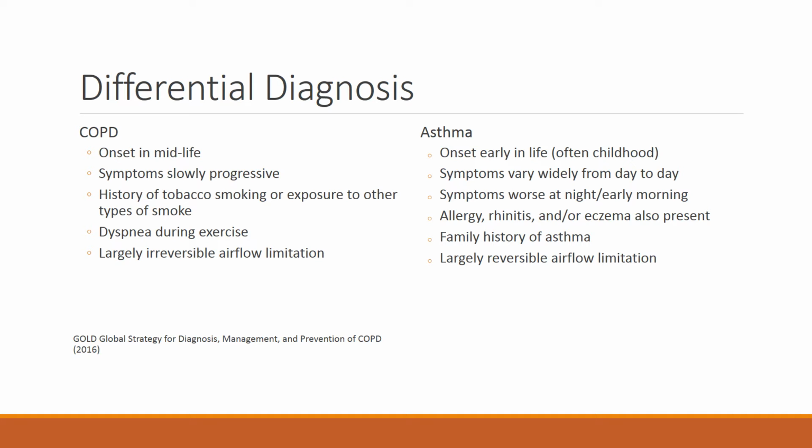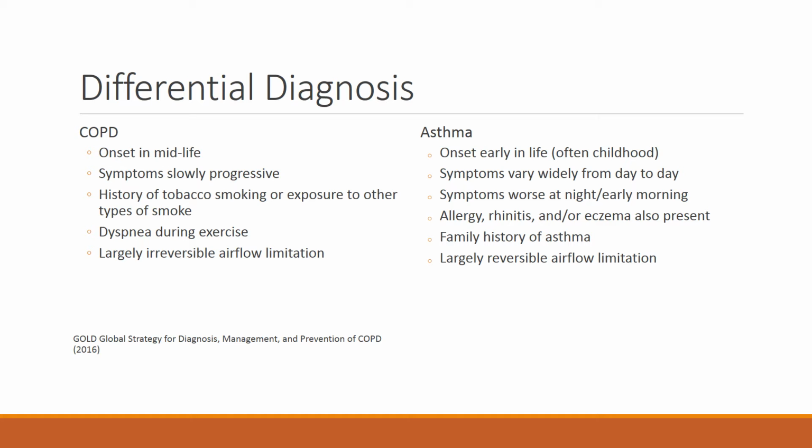Asthma patients can be good one day, next day having those symptoms again from the triggers. With COPD, you're going to have that history of tobacco smoking or some type of smoke. You're going to have a lot of dyspnea during exercise because the lungs just can't fill up with air and do the proper air and blood exchange. And like we said, it's largely irreversible. Sometimes there's some component of asthma and COPD where there is some reversibility, but primarily it's irreversible.